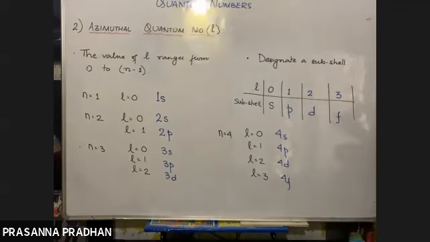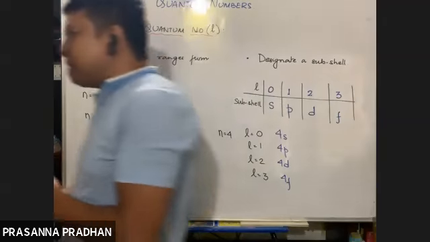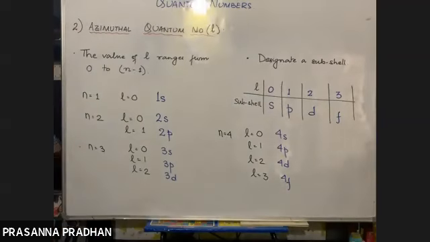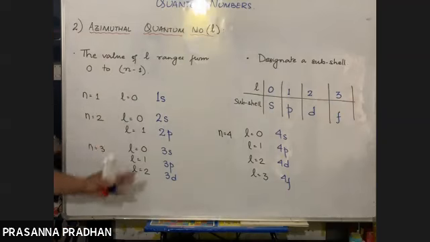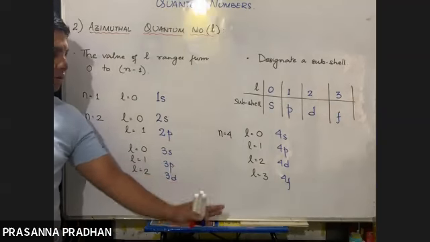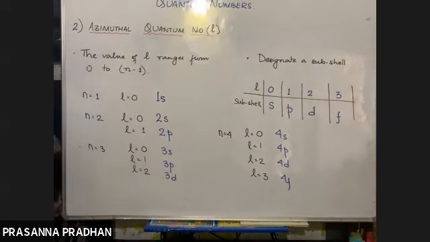So it beautifully explains how many and what type of subshells are present in a particular shell. In the first shell, 1S; second shell, 2S, 2P; third shell, 3S, 3P, 3D; fourth shell, 4S, 4P, 4D, 4F. For n equals 5, you can similarly do it.